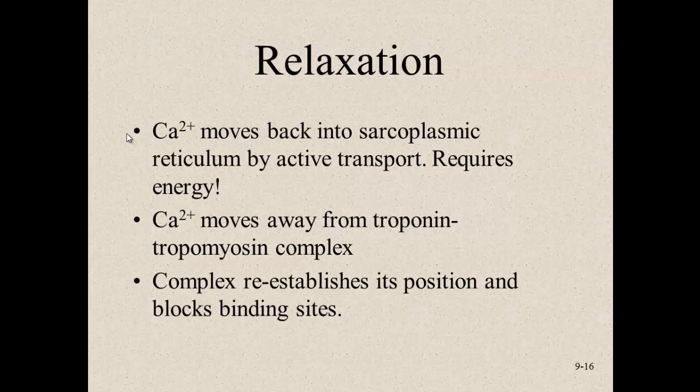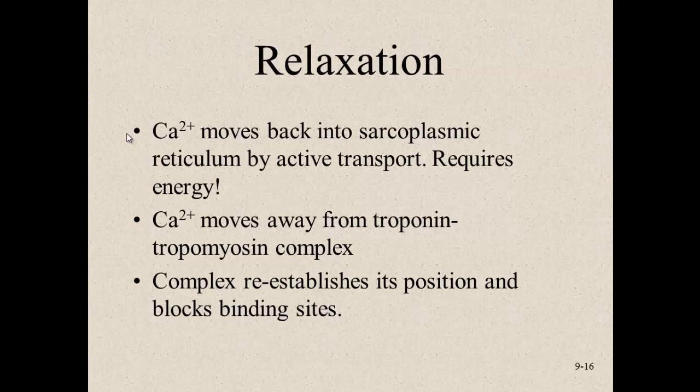So the first thing that has to happen is, well, first of all, ATP will bind to the myosin head, which will release it from actin. So the muscle will continue to stay contracted until another ATP molecule binds to myosin and releases it from the actin molecule.